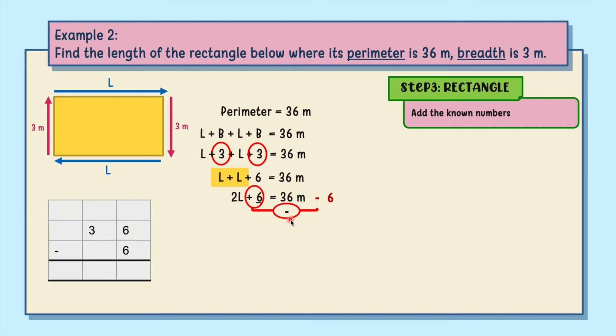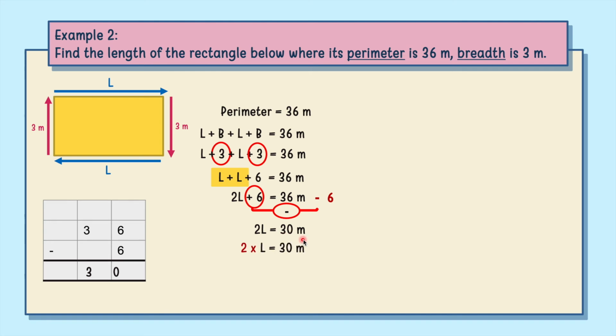So we're going to solve this part. 36 minus 6, what is the answer? 6 minus 6 is 0. And then 3 minus 0 is 3. So 2L is equal to 30 meter. Now, 2L, we can also write it down as 2 times L. So again, we want to find a length only.